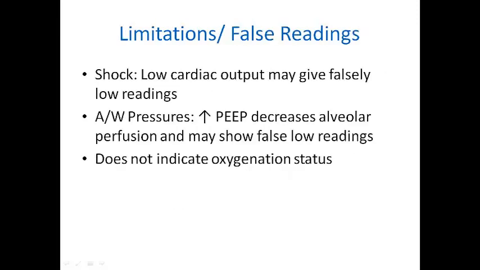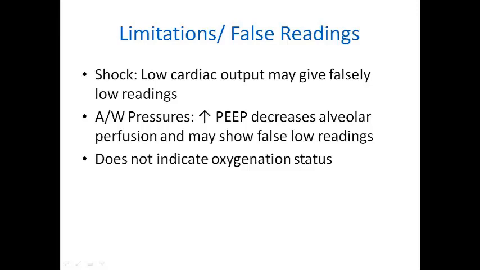Please understand that in a patient that has a low cardiac output, like shock, we're going to have falsely low readings. Although they're creating perhaps even more acid and more CO2 from inefficient processes and a lack of oxygen, our patients are going to exhibit low values because the blood is not getting that gas to the lungs. That by itself is a problem for our patients and warrants a change.